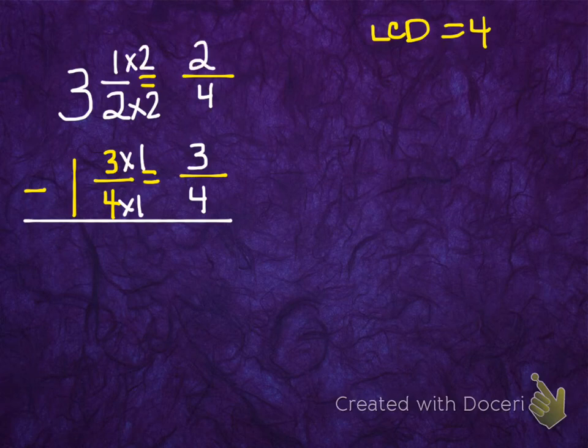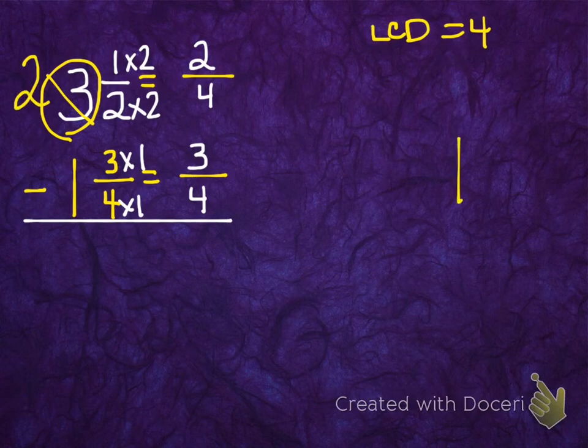So now that my denominators are the same, now I can subtract. But if you notice, 2 minus 3, you can't subtract that. So you are going to have to regroup, which means I have to take 1 away from this one. That becomes the number 2. Now when I take 1 away from that one, if you notice what my denominator is, it's a 4.